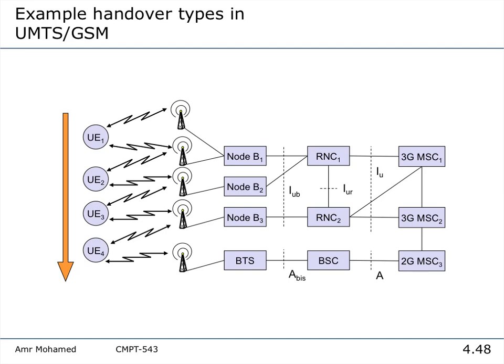Because now we can hand over between 2 different radio access networks. One utilizes packet switching and the other one utilizes circuit switching. So that's a new added type of handover.